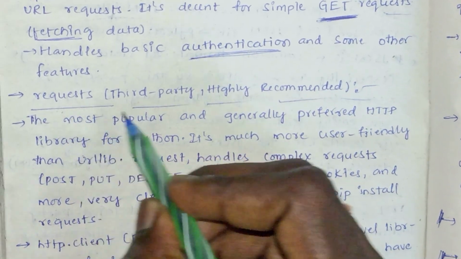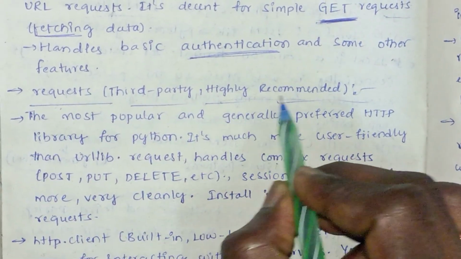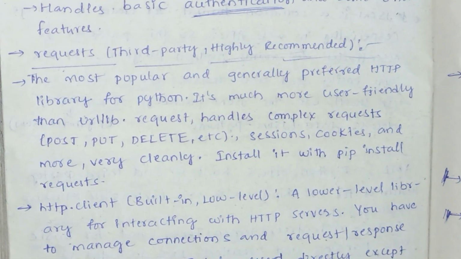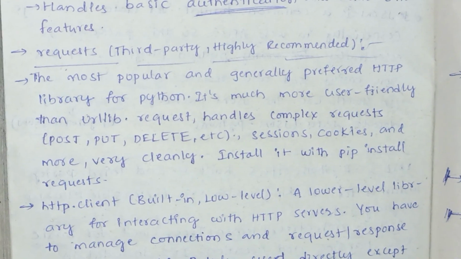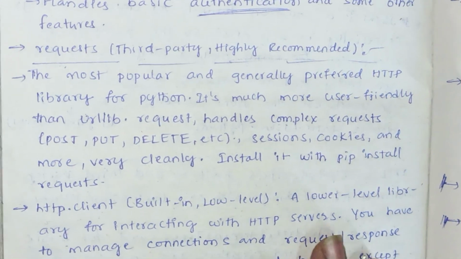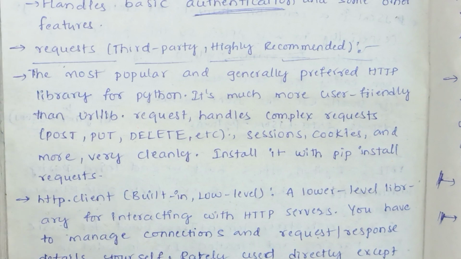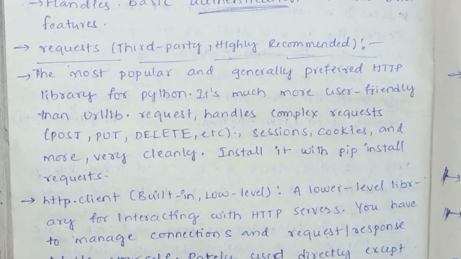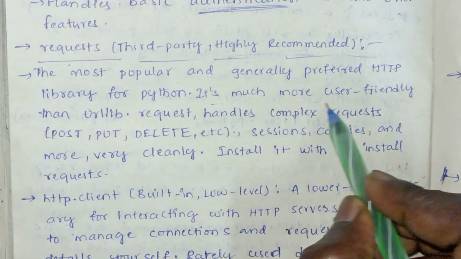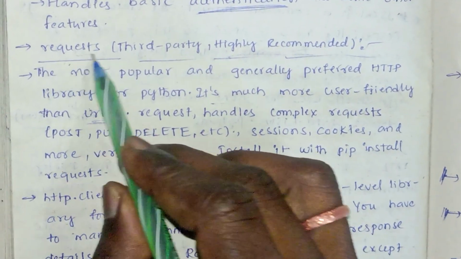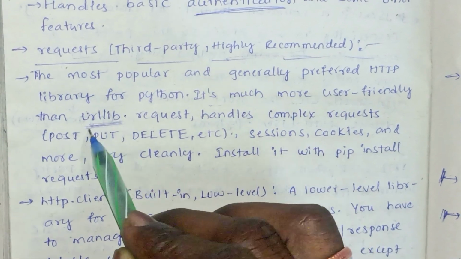Okay, what about requests? Third party and highly recommended. It is the most popular and generally preferred HTTP library for Python. We are requesting something from the web server by using GET, POST methods, operators also we can say. It is much more user friendly than urllib.